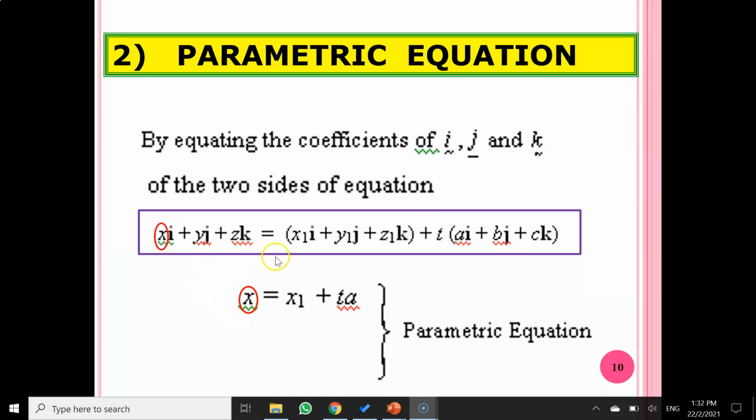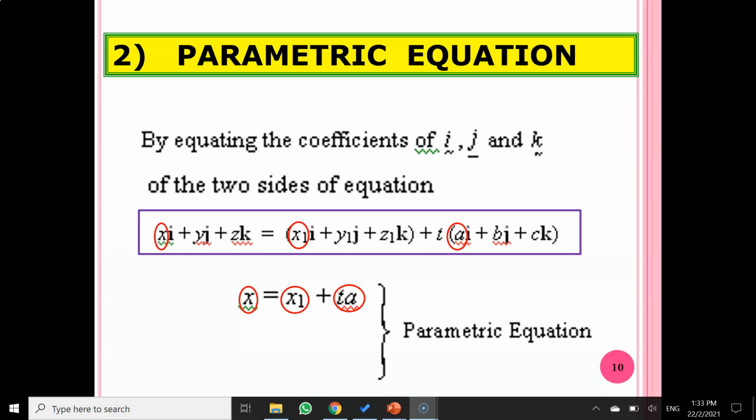Then equal to, because this is the only one for i on the left-hand side. On the right-hand side, you have the coefficient for i over here is x1. So you have x1 plus t, since you have t over here, and the coefficient for i is a. So that is equating the coefficient of i.